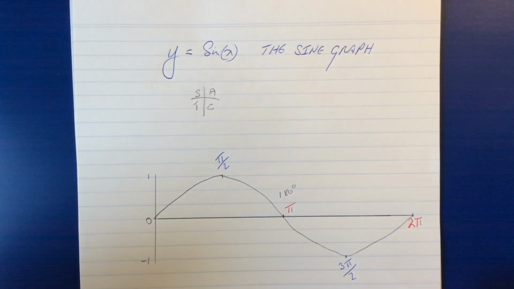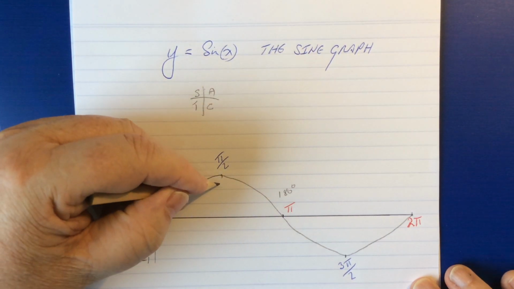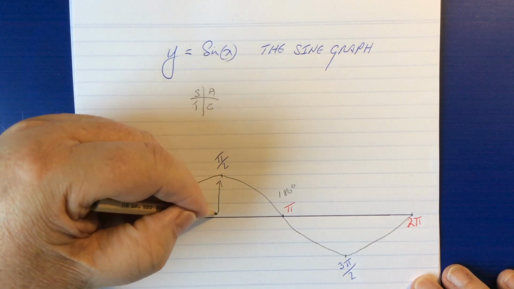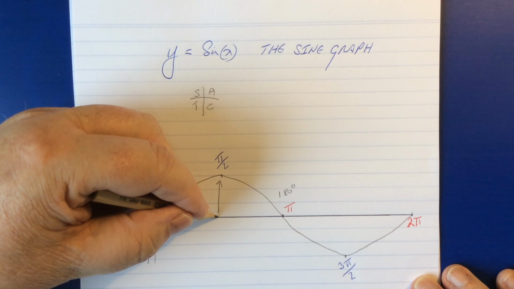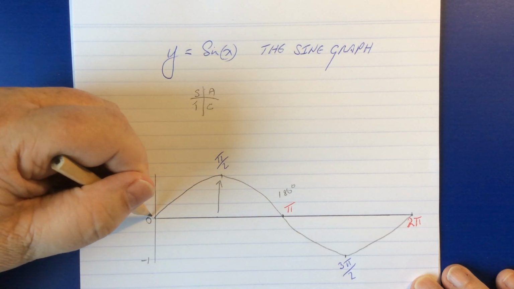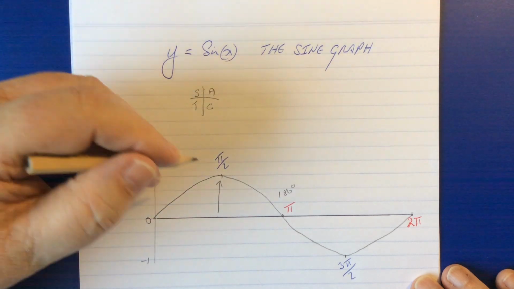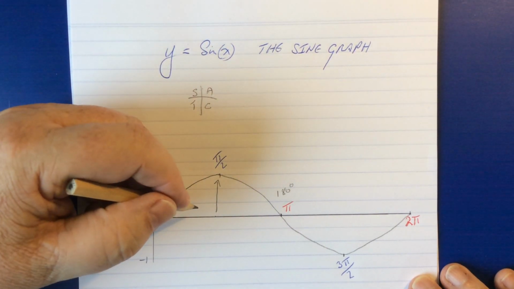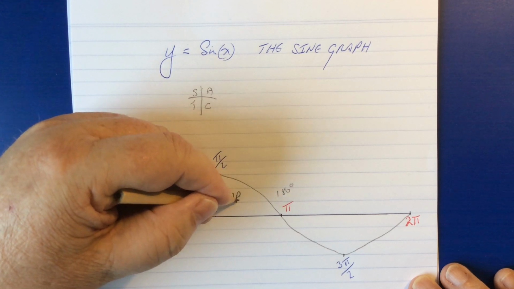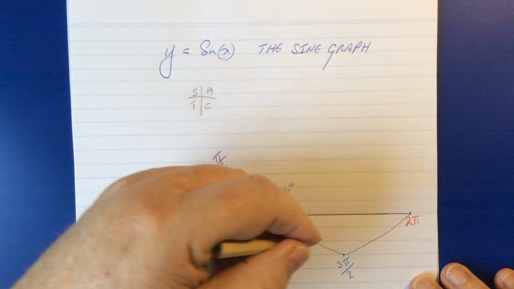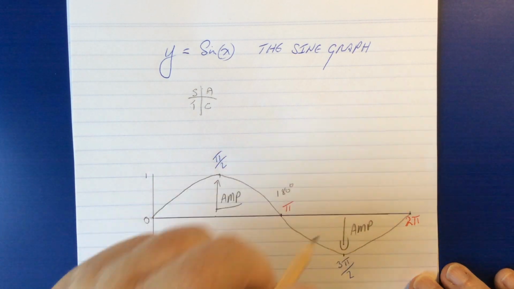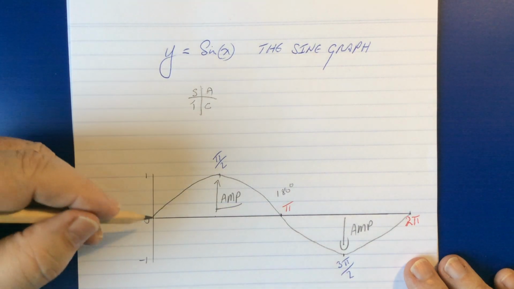And there are some technical terms that you need to know about this. The distance between the median value, in this case 0 on the y-axis, and we'll discuss how that can change in another video, is called the amplitude. And the amplitude of this function is 1.